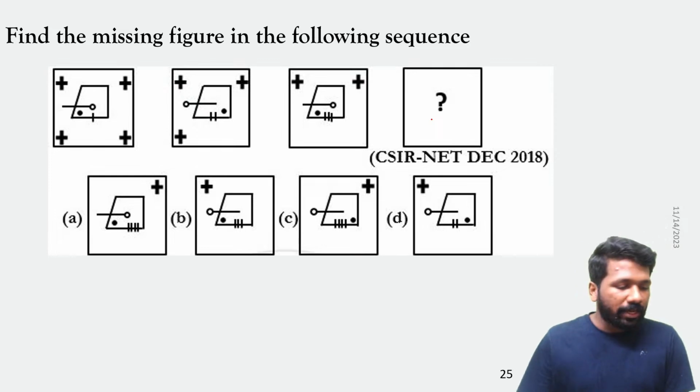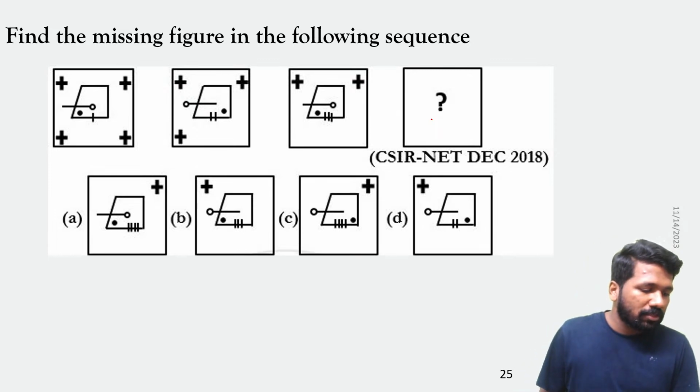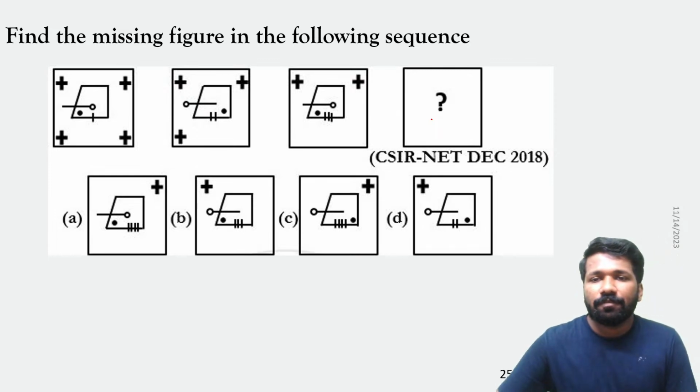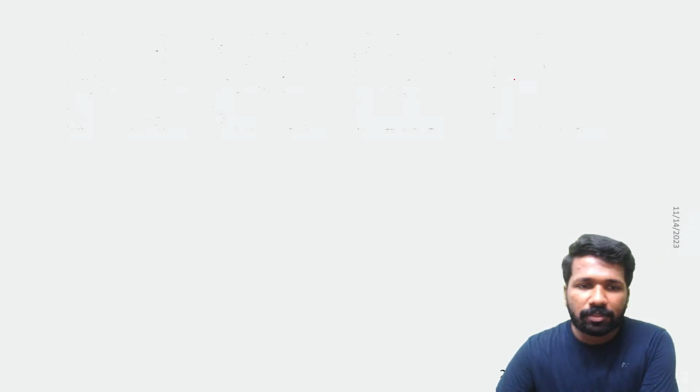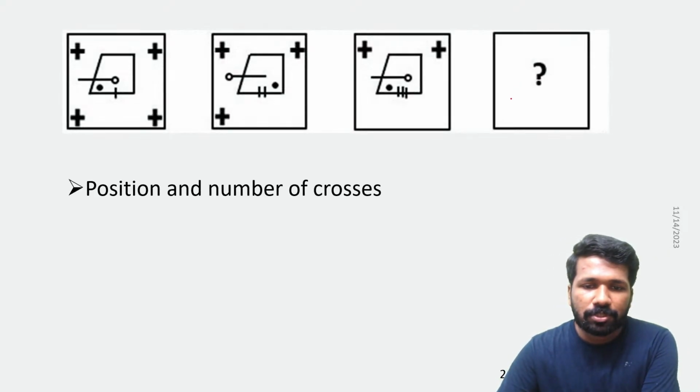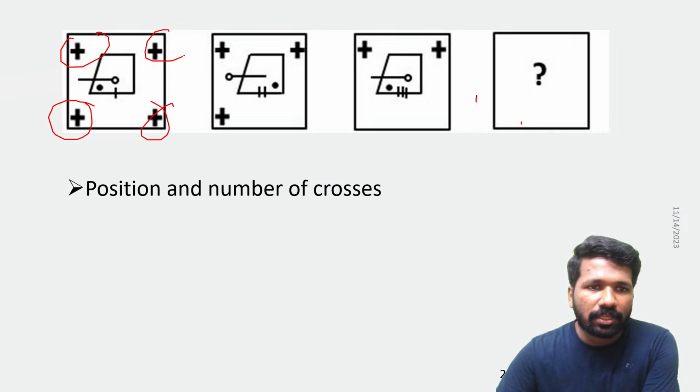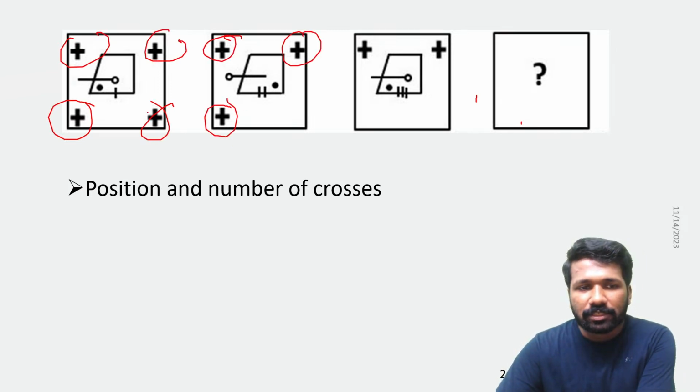Some of you already got the answer right, so we'll start explaining. Find the missing figure. So changing properties. What are the changing properties? Position and number of crosses. Initially 4 crosses are there. That 4 crosses is decreasing to 3 crosses. That means 1 cross is vanished. Which cross?